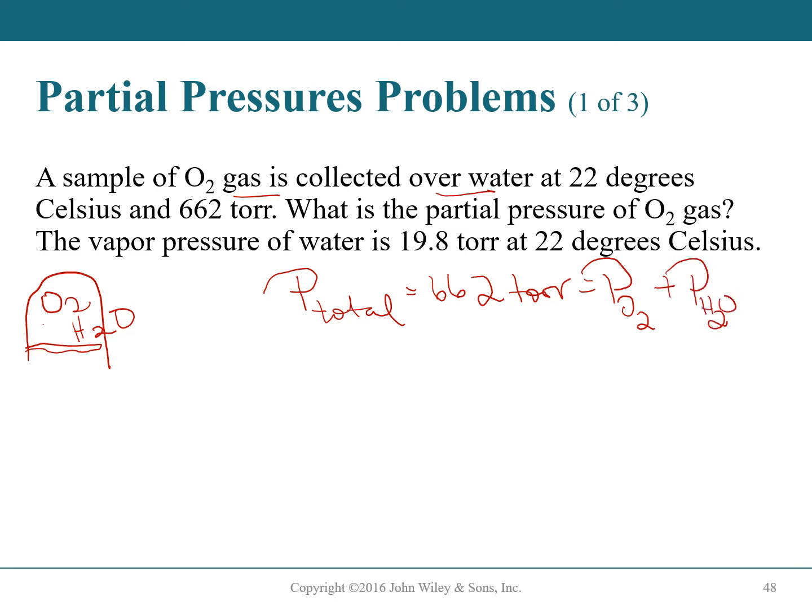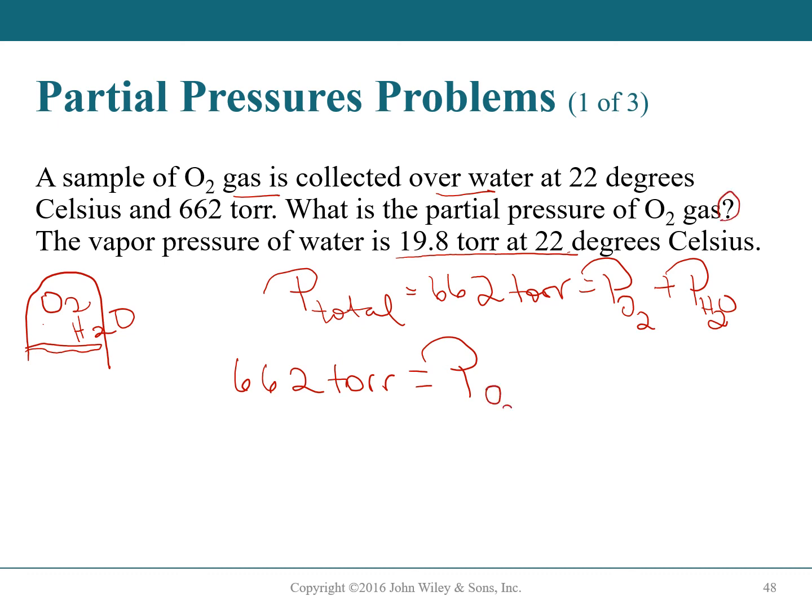If we look it up, we see that the vapor pressure of water at 22 degrees Celsius is 19.8 torr. Then we can now determine the partial pressure of the oxygen, because that's what we're asking for right here.